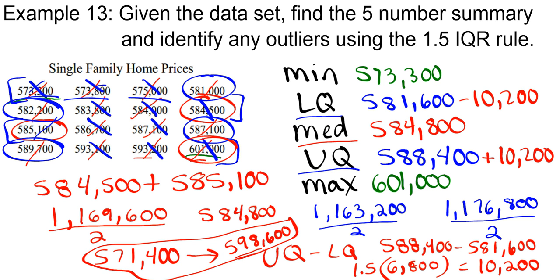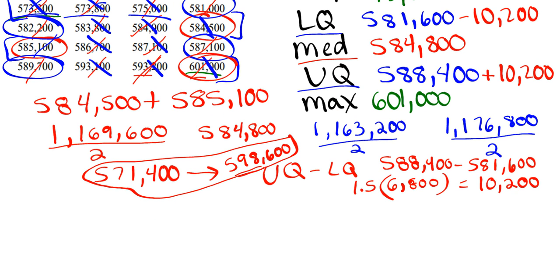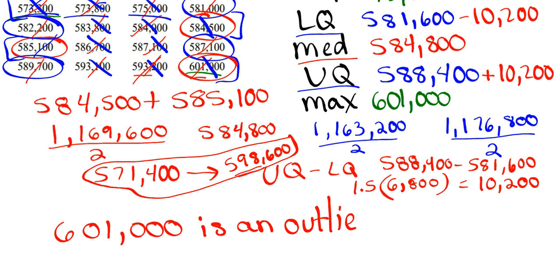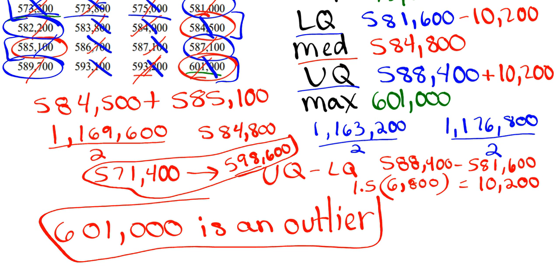When I check this guy, not an outlier. So I know that my outlier is 601,000. And again, that was because it is outside of the bounds that I found using my 1.5 IQR rule.